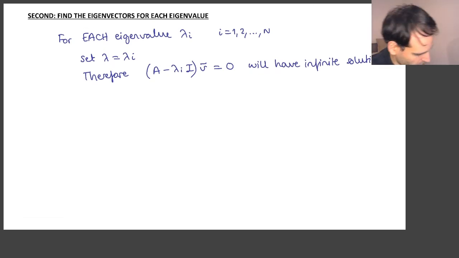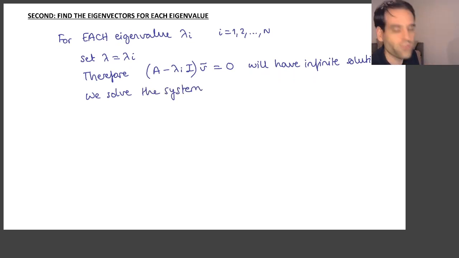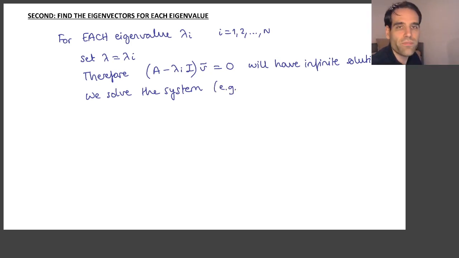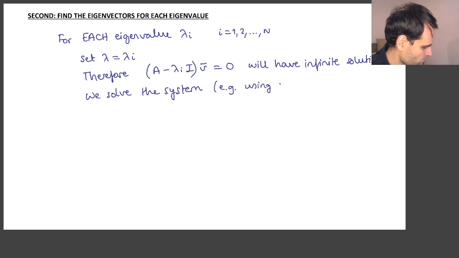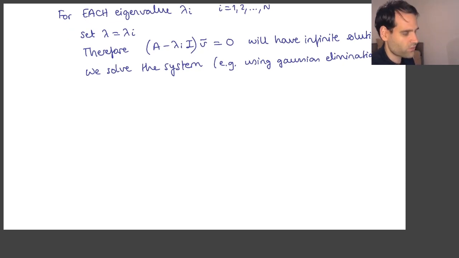So we solve the system. For example, you can use Gaussian elimination to solve the system, although you can solve it in any way you prefer, okay? So after solving the systems, the solutions will look something like this.